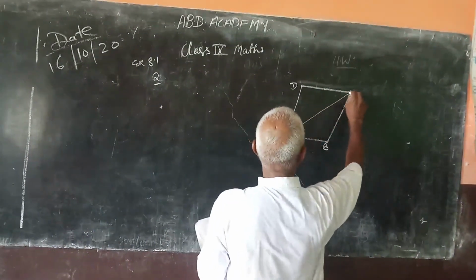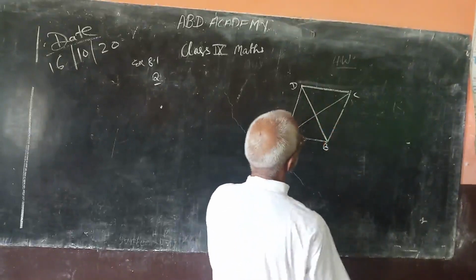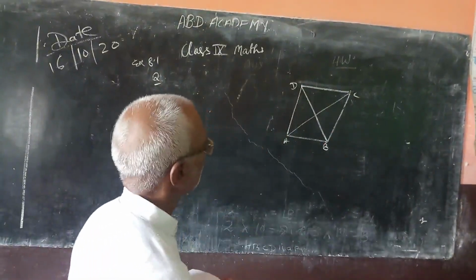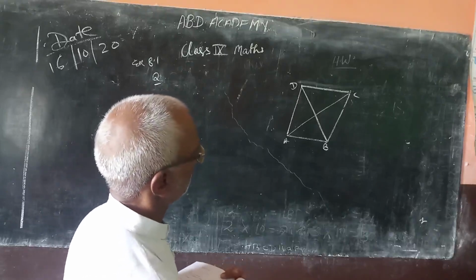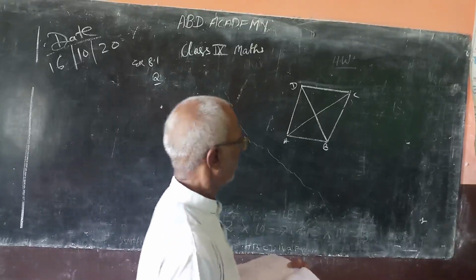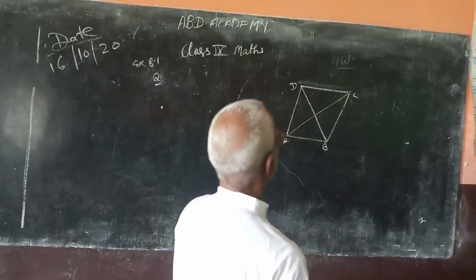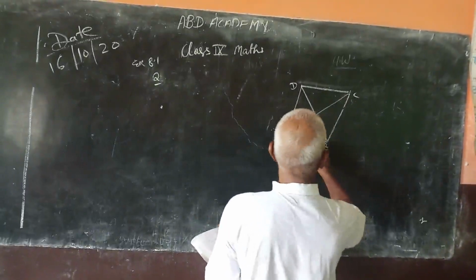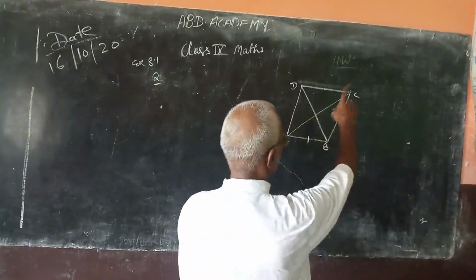It means the two diagonals bisect its angles. AC bisects angles A and C, and DB will bisect angles B and D. It is very simple here. See, in triangle ABC, this side is equal to this side, which means AB is equal to BC.